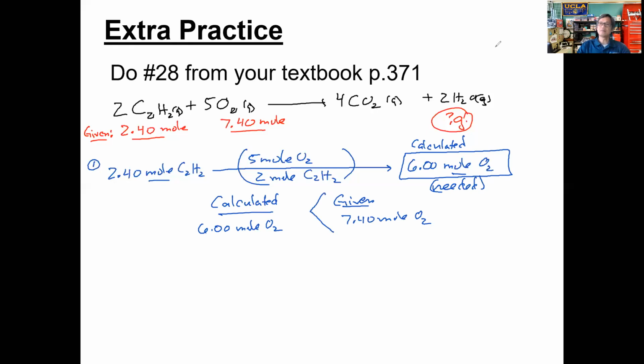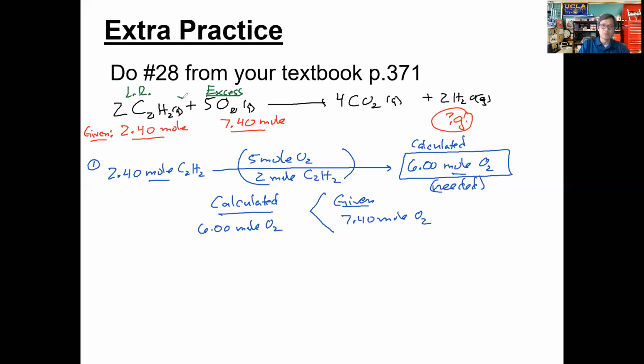So what does that tell us about the oxygen? It tells us that oxygen is the excess reagent. And since there's only one other reactant in this equation, this one here, it must be your limiting reagent.